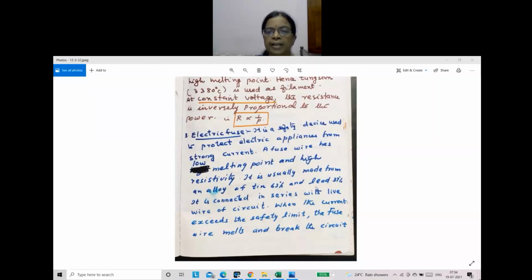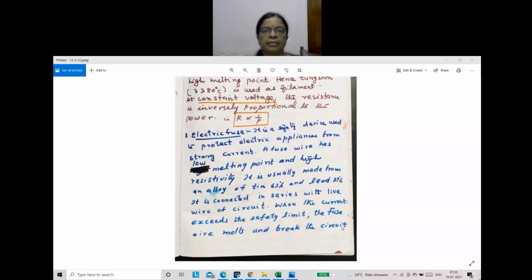So fuse material is not actually copper wire. We usually take copper wire also, children, but actually the fuse material is not that. It is an alloy made of tin and lead, tin 63% and lead 37%. It is connected in series with the live wire of the circuit. When current exceeds the safety limit, fuse wire melts and breaks the circuit.